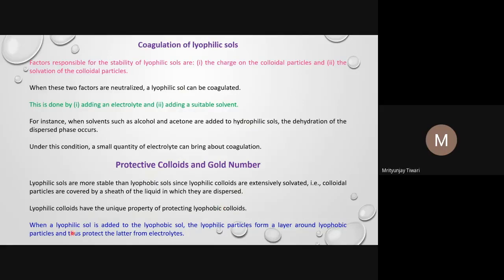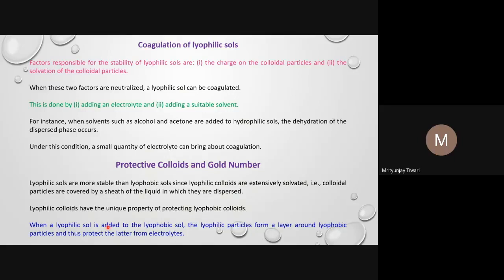So when a lyophilic sol is added to a lyophobic sol, the lyophilic particles form a layer around the lyophobic particles, and thus it protects the latter from electrolytes. This lyophilic sol forms a protecting layer around the lyophobic sol. Lyophilic sols are smaller colloidal particles.